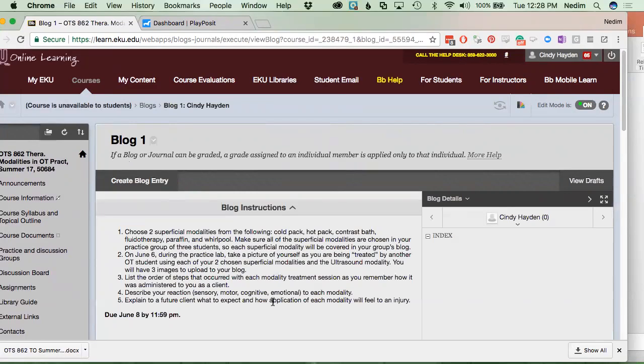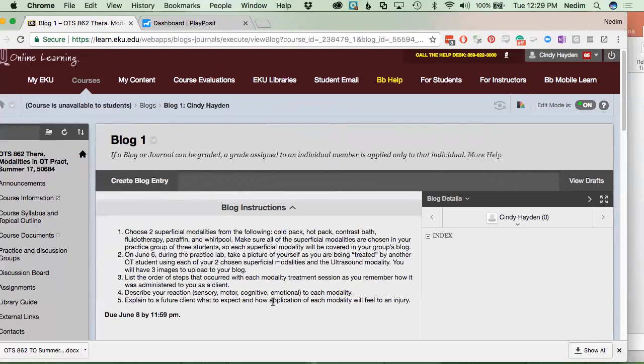I decided their experience of being the pretend therapist in a practice lab would work. They needed to take a picture of themselves, and they could be either the therapist or the client. Upload that, and talk about the steps they went through to experience the modality. These are familiar modalities, like putting on a hot pack or a cold pack.